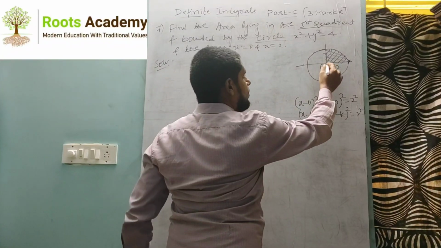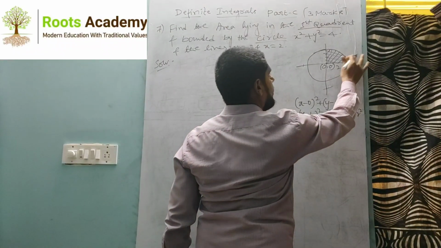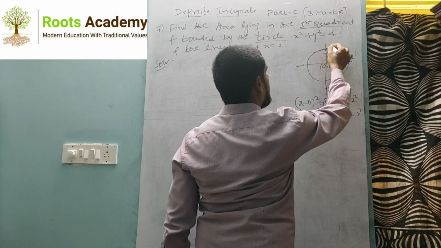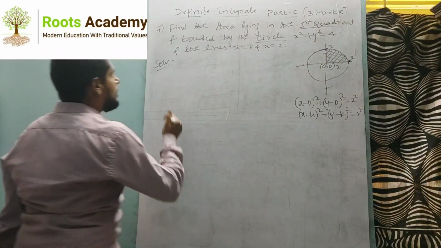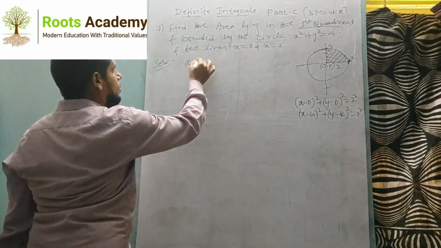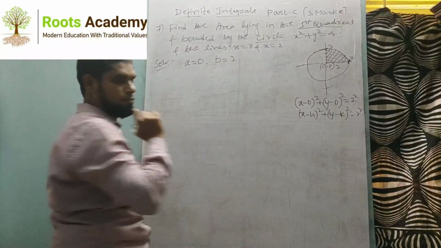So this starts from what? 0 and ends at, sorry, ends at 2, either this side or this side. So here the limits are, lower limit is 0, upper limit is 2.